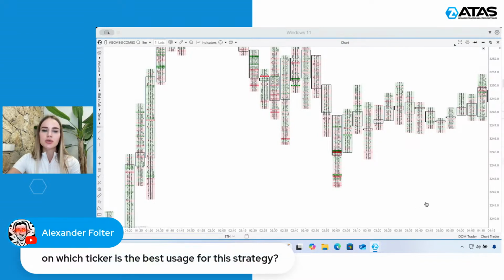Which ticker is the best usage for the strategy? Actually, every single ticker works because the principles of market auction and price formation are the same on any single instrument. But I do find it working the best on CME, so S&P 500, mini S&P 500, Nasdaq, mini 100, Dow Jones, Russell.